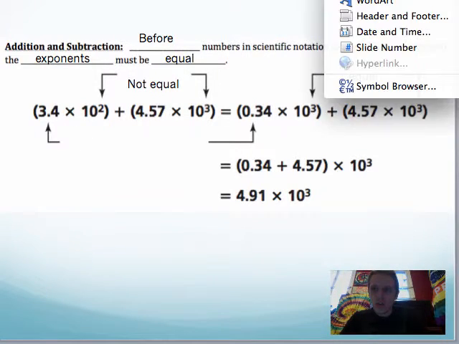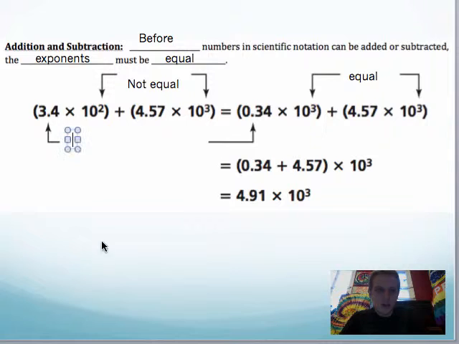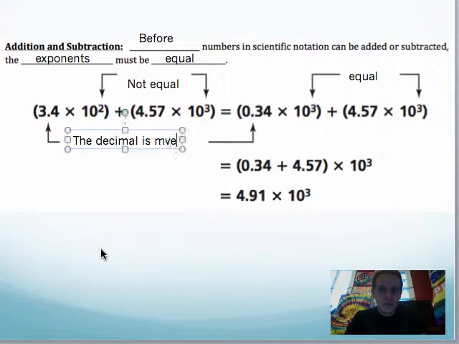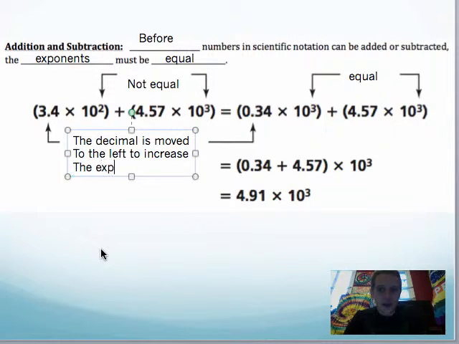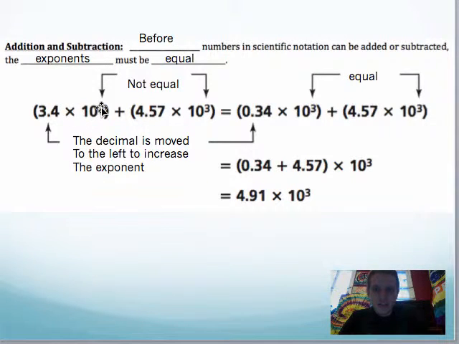The key thing right here is that the decimal is moved to the left to increase the exponent. So 10 to the second power, in order to add these two together, we need to make it 10 to the third power somehow.